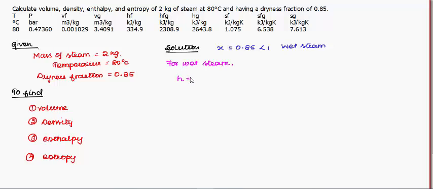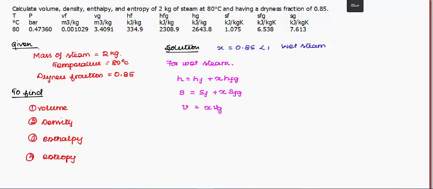Enthalpy H equal to HF plus X into HFG, entropy S equal to SF plus X into SFG, specific volume V equal to X into VG.